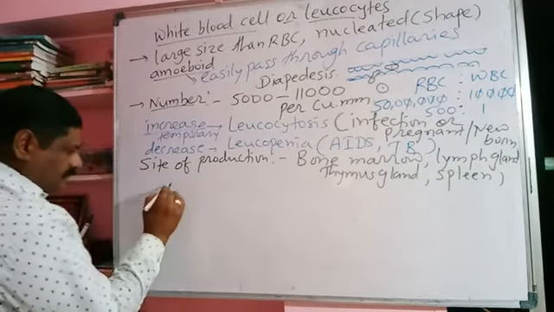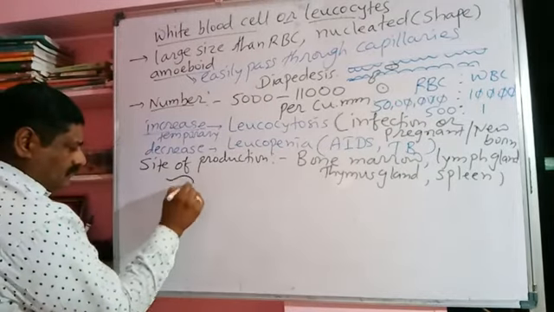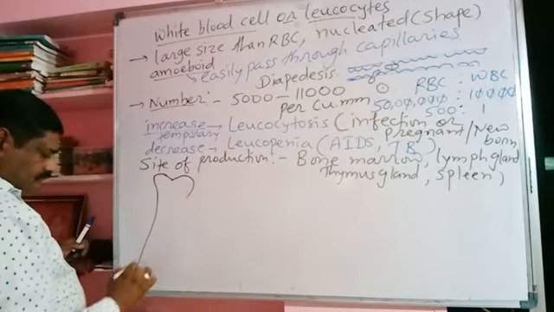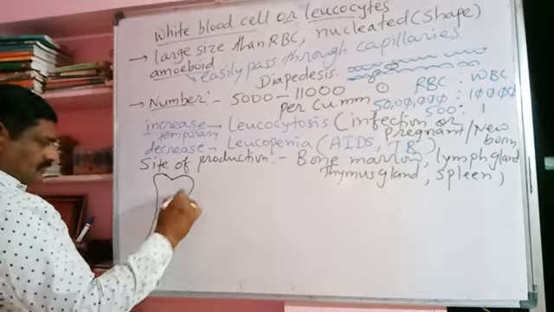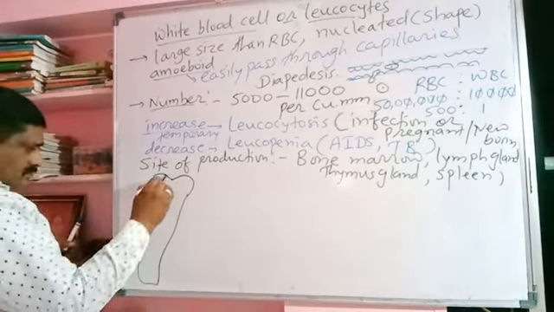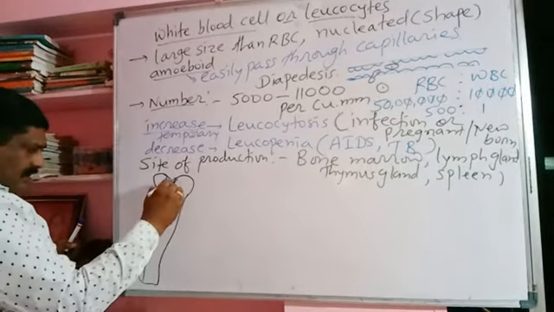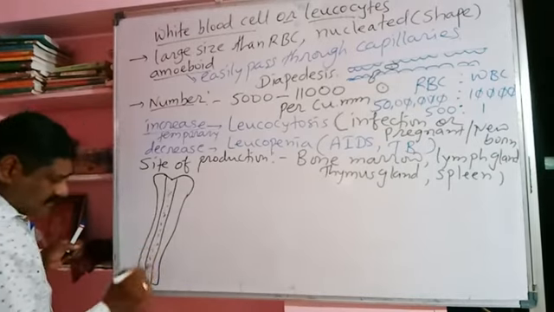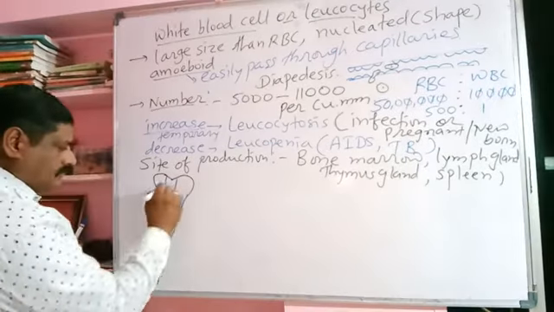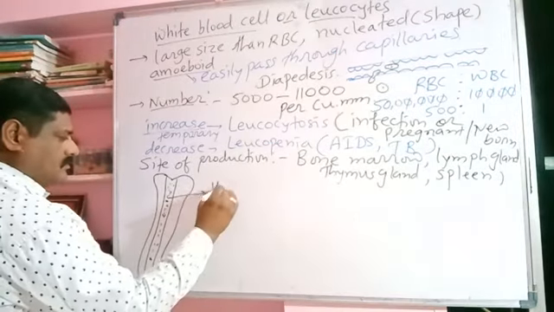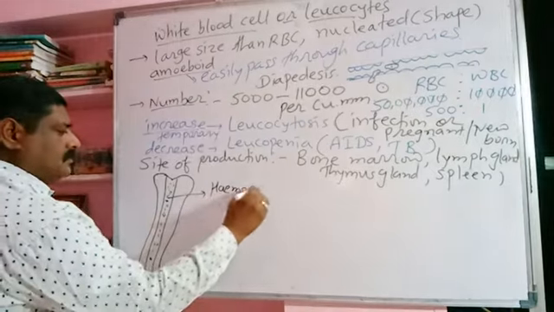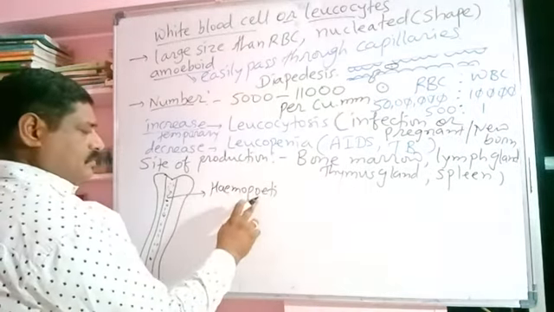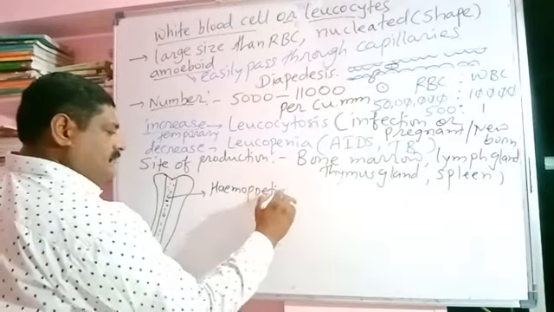In the bone marrow of long bones, the bone marrow cavity contains hemopoietic tissue. The hemopoietic tissue is concerned with hemopoiesis, the formation of blood cells.